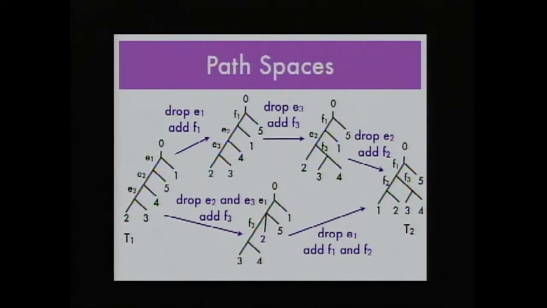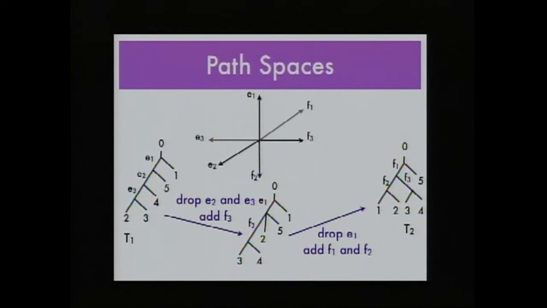And each one of these add and drop sequences corresponds to a sequence of orthants. I'm going to call that sequence of orthants a path space. So this tree corresponds to that octant. This tree here corresponds to this quadrant, because it's only got two interior edges, and each interior edge corresponds to one of the dimensions. And then my final tree corresponds to a final octant.